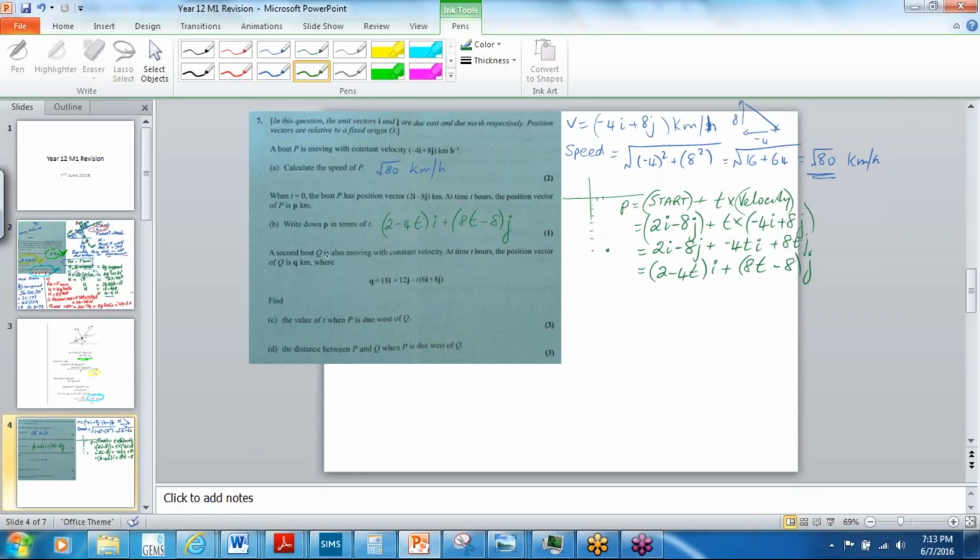Now, a second boat, Q, is moving with a constant velocity. At time t, the position vector of Q is given. Here we've got where it starts, and then they've got minus t, but if you consider that to be plus t, that would be negative 6i and negative 8j. So it starts at 18i plus 12j, so that's way up here somewhere.